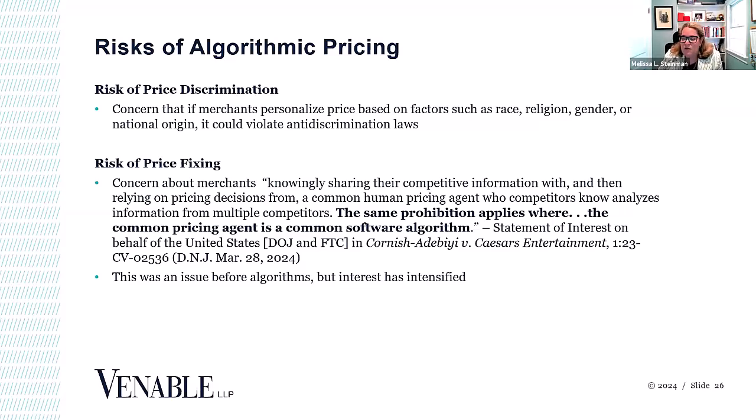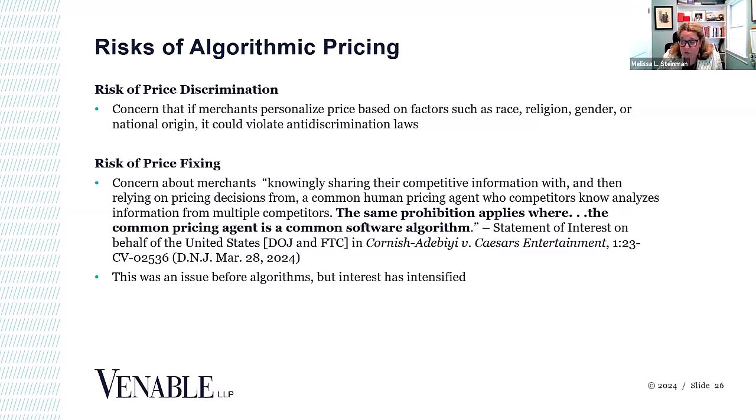It's a case involving hotel chains, and essentially the plaintiffs there have alleged that the competing casino hotels violated Section 1 of the Sherman Act by, among other things, unlawfully agreeing to use a pricing algorithm platform to set prices for their hotels in Atlantic City, which helps then to set the prices that were charged.